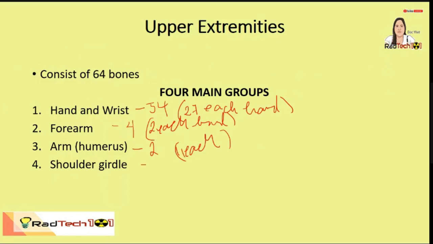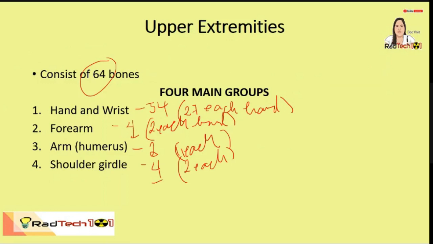Then we have the shoulder girdle. Actually there are 4 in total also, 2 each. As we go along, we will discuss what comprises the bones of your forearm, the arm, and the shoulder girdle. So that makes 64.